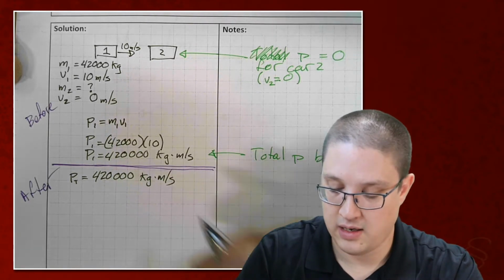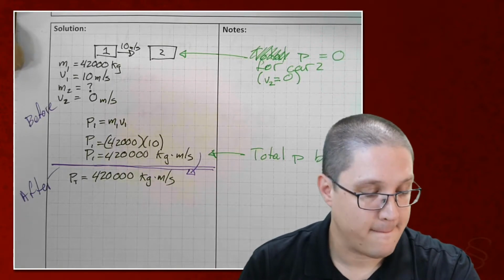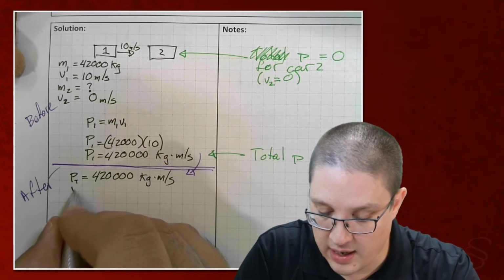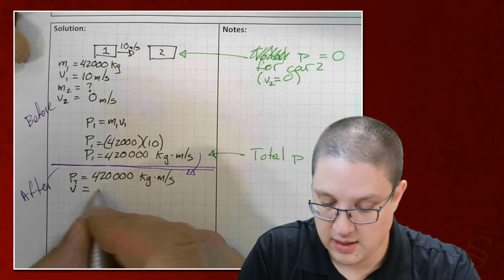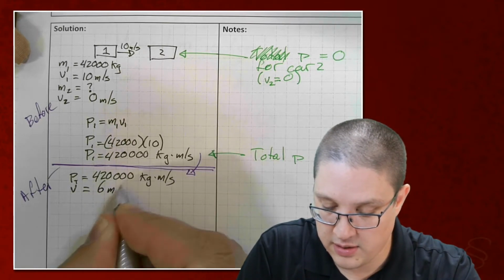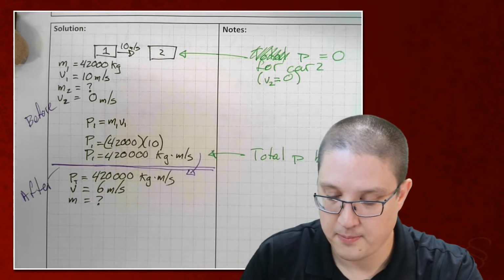And I can just transfer that over because momentum's conserved. In this case, I now know that my velocity is 6 meters per second, and I'm looking for a mass.